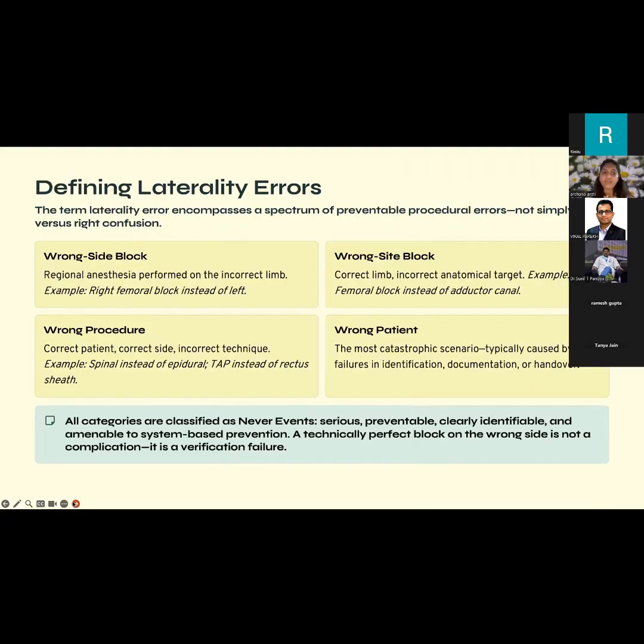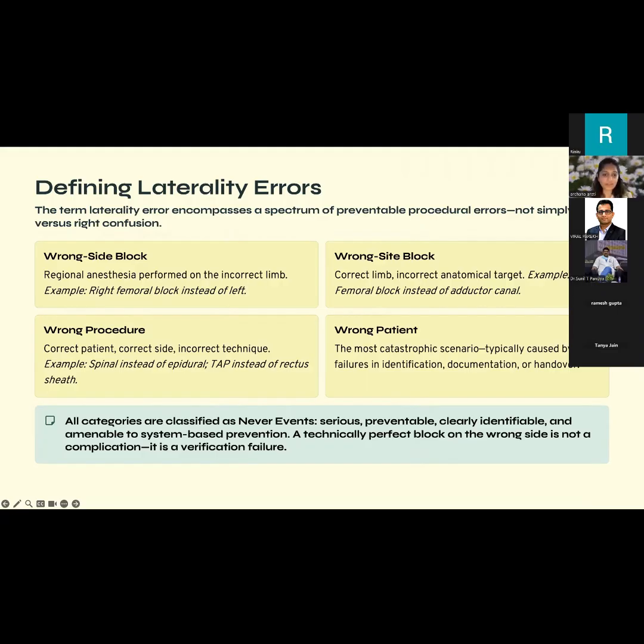So when this happens, what is actually a laterality error? It encompasses a spectrum of preventable procedural errors, not simply left versus right confusion. It could be a wrong side, a wrong site, a wrong procedure, or even the wrong patient, which hopefully we don't get to face most of the time.